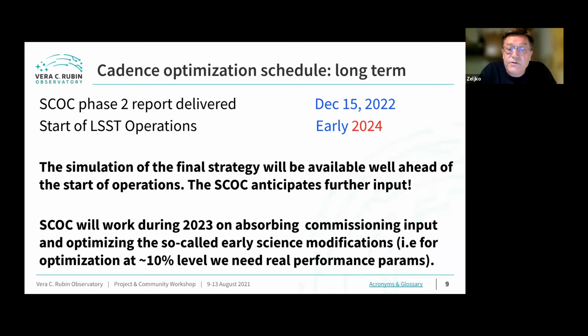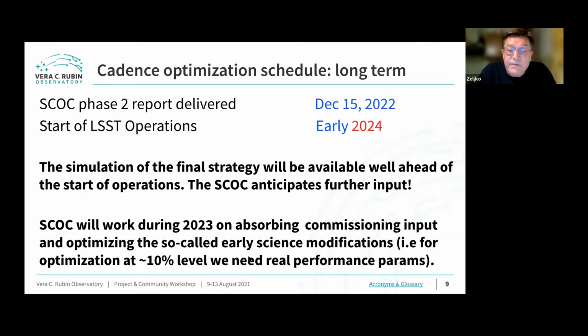So there will be a whole year, 2023, when we will pretend we have LSST, we have a simulation of that final strategy. And that will be time for everyone interested in this problem to analyze that single simulation in gory detail. And if any problems are found, then we anticipate we'll have more input and perhaps we will modify that baseline cadence.